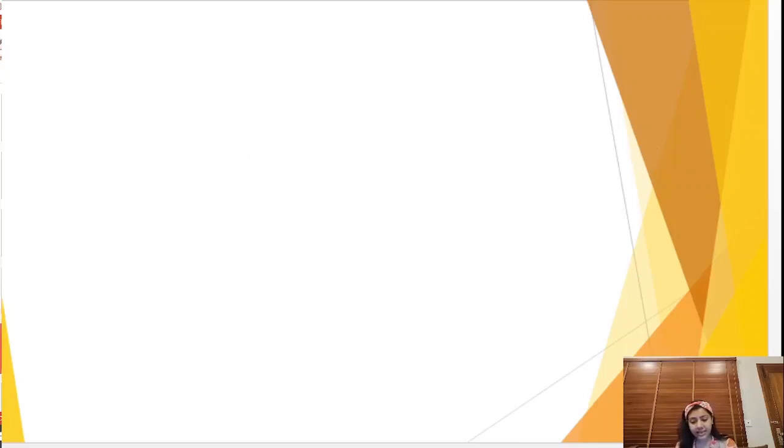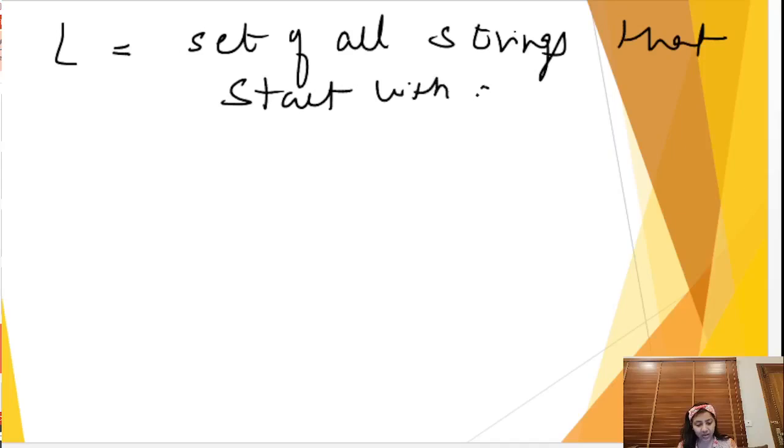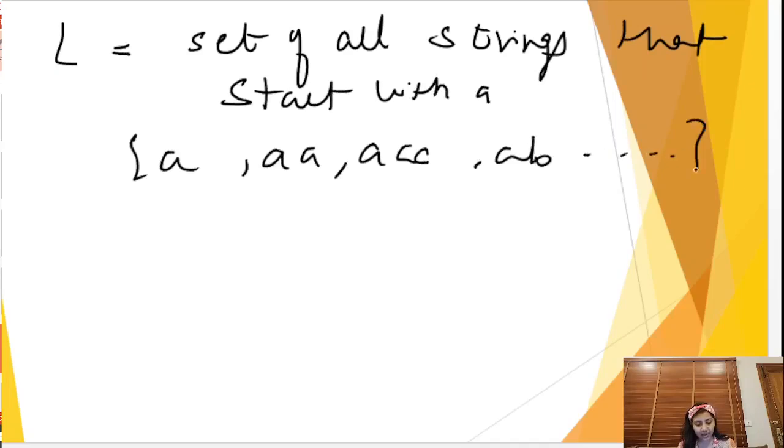So let's understand this more. Suppose I am given a language L, which is the set of all strings that start with a. So what all strings can I have? a, aa, aaa, ab, and so on.